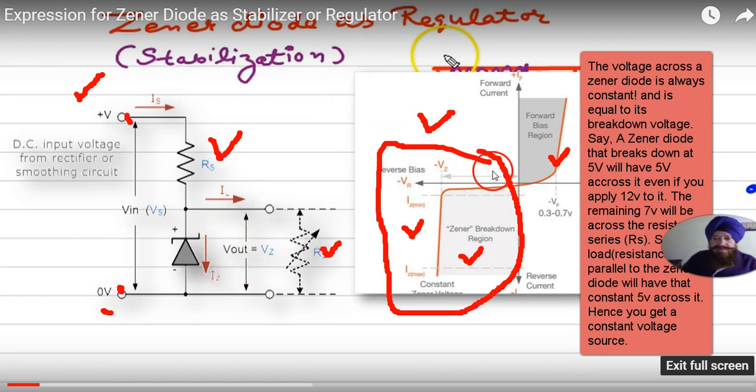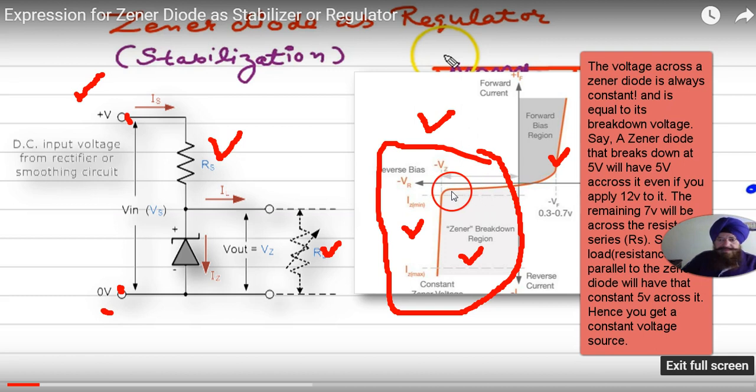Now, what is special about this region? The special thing is when the reverse bias voltage is increasing, the current will be very, very small, in microampere.